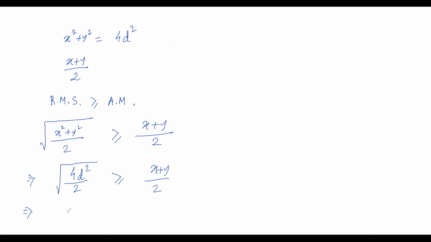And so this is equal to root 2 times d greater than or equal to (x plus y) over 2. And now we know that the equality occurs when the two variables are equal. So we get (x plus x) over 2 is equal to root 2 d, and so we get x is equal to root 2 d.